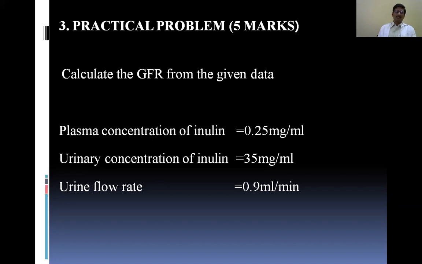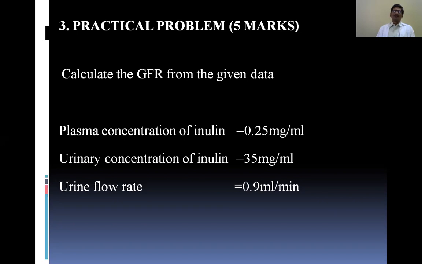We introduce a known quantity of such a marker, and after giving it, we calculate the concentration of that substance in the plasma as well as in the urine. If we know the urinary flow rate, from this data we can calculate the GFR. So to calculate GFR, we should use a substance which is purely filtered, neither reabsorbed nor secreted.